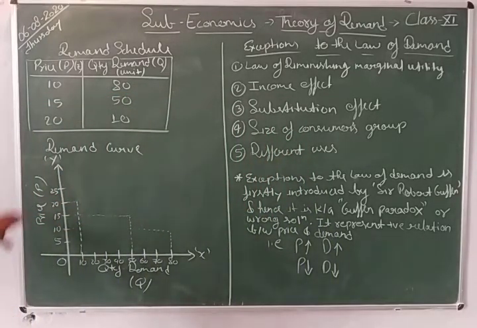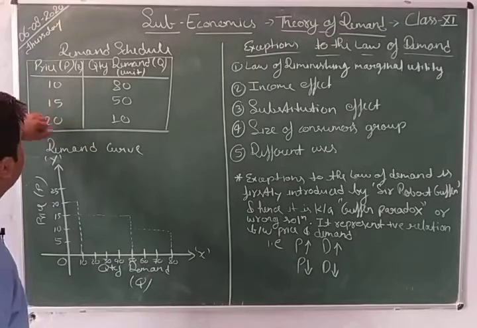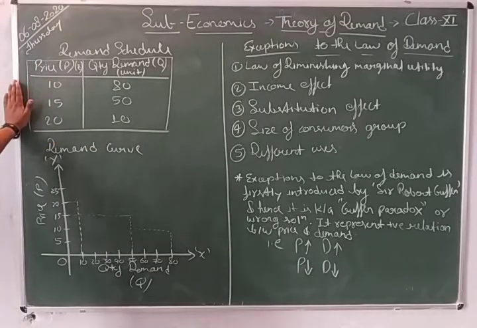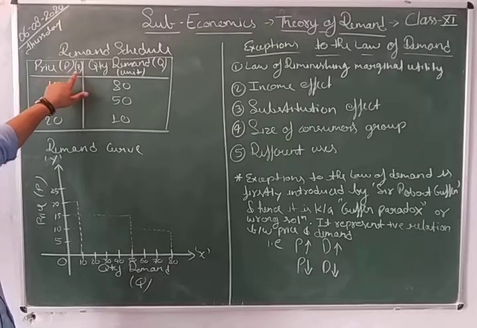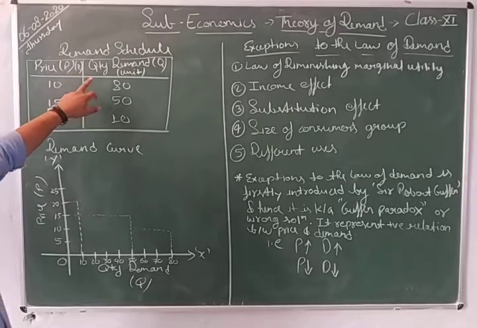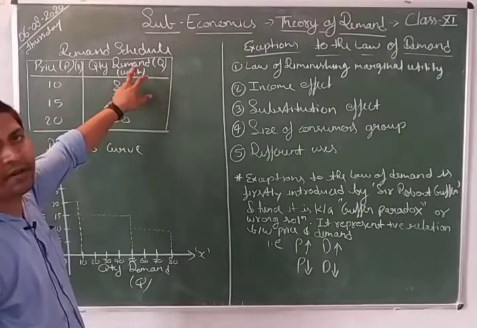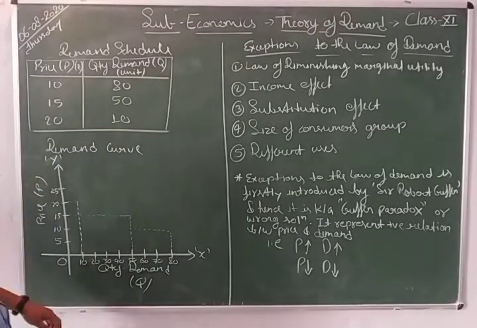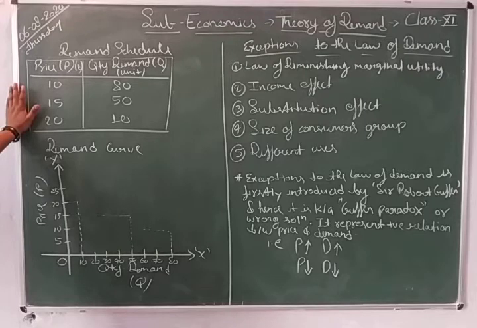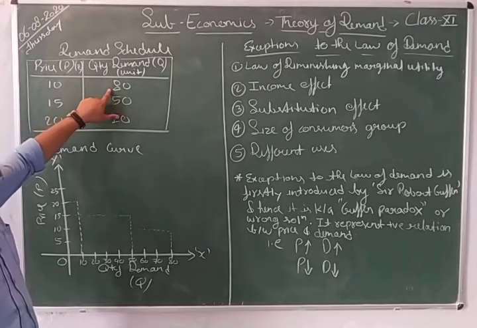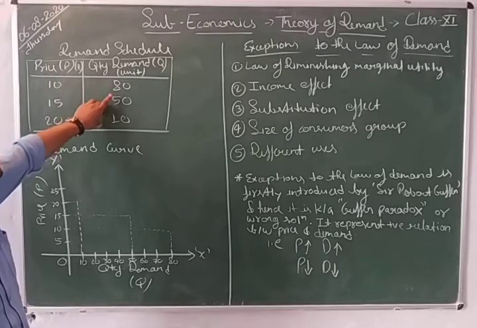Students, here is a schedule of demand which is given, and here we can see that price is denoted by P, and the amount is given in rupees, and quantity demanded is denoted by Q, and it is given in units. We will see that if the price of a commodity is rupees 10, then its quantity demanded is 80 units.